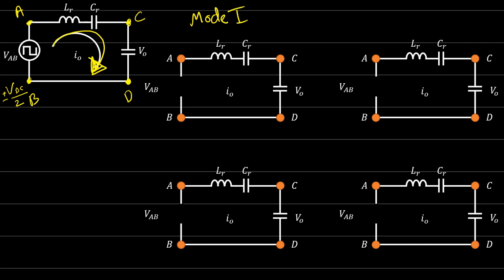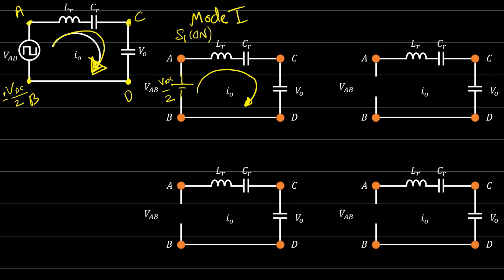So for mode number 1, the current is positive, so the current is moving in this direction. Okay, I out is positive. And the voltage is also positive, which is equal to VDC over 2. In this case, we know that switch 1 is on.